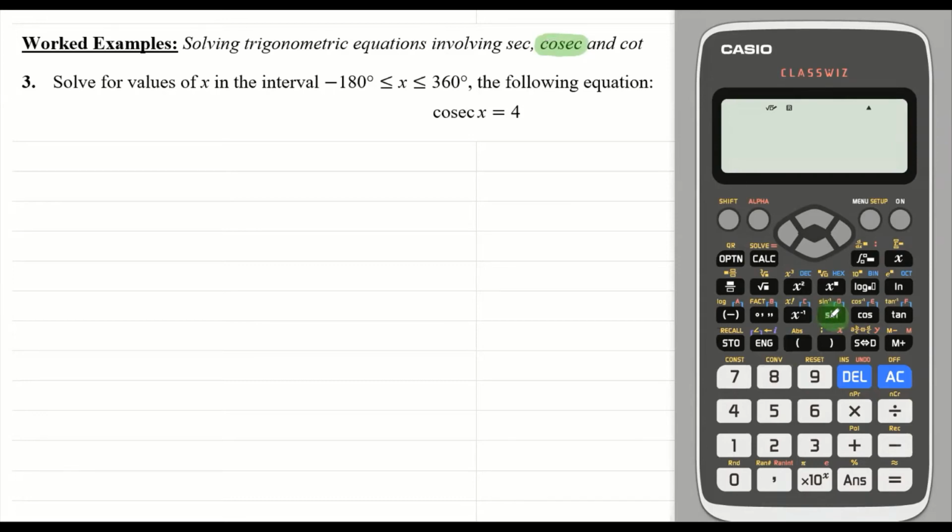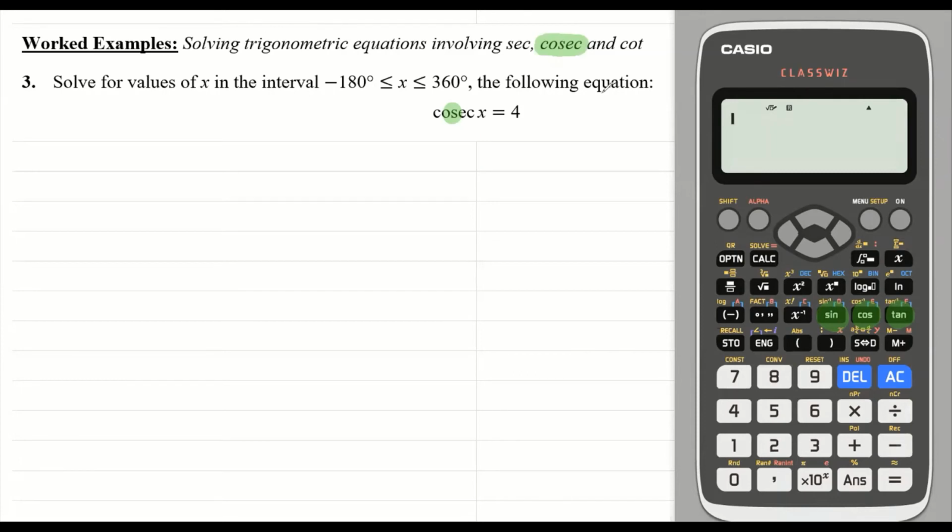We're just stuck with sine, cos, and tan, and their inverses. So we need another strategy. The obvious thing to do is to use that third letter rule. We know that the third letter is S, so I can simply rewrite this question as 1 over sine.